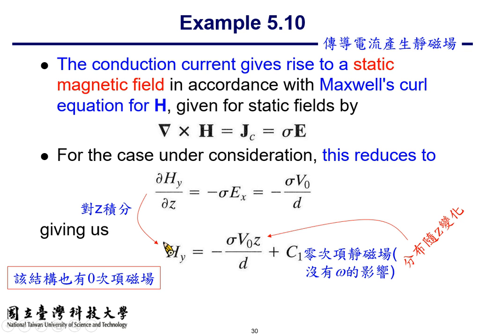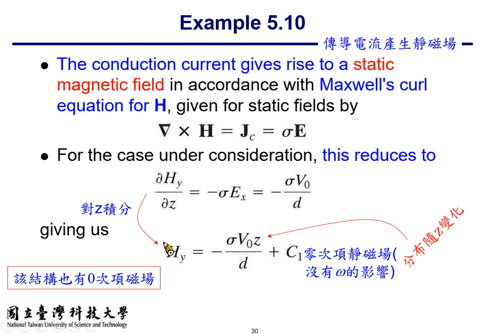So here is how we derive the magnetic field due to the presence of conductivity. Again, this is the Ampere's circuital law in differential form.